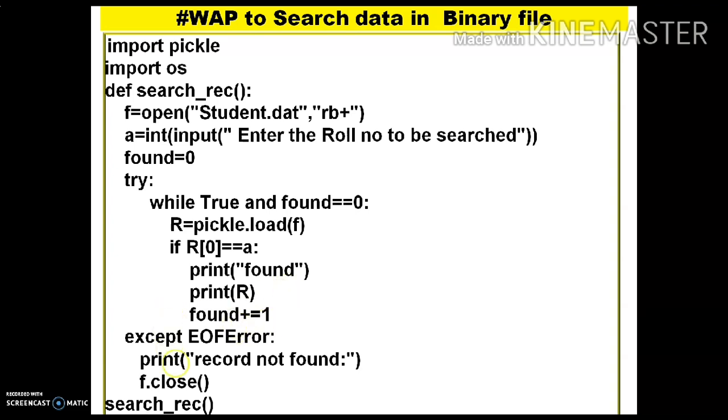Then give the message record not found, and whatever message you raise will display on the screen. Then you close the file. Then you call the search record function. First of all, I will write into the file and read that file. Then I search into that file. Let's run and see the program.